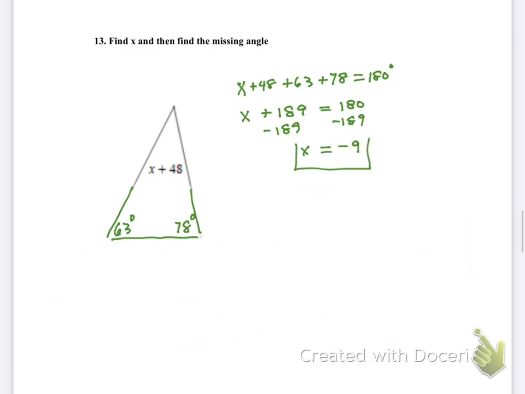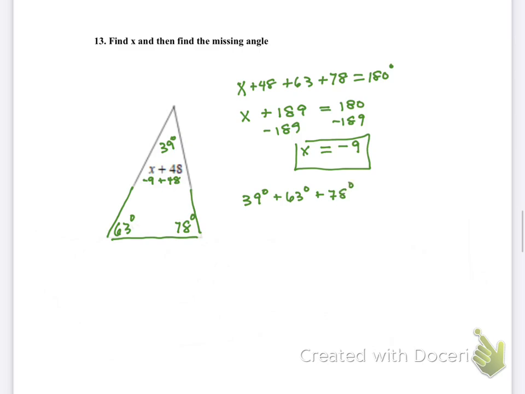So it says to find x and then find the missing angle. Okay, so negative 9 plus 48 gives me 39 degrees. So now let's check our work. I should find that 39 plus 63 plus 78 equals 180.